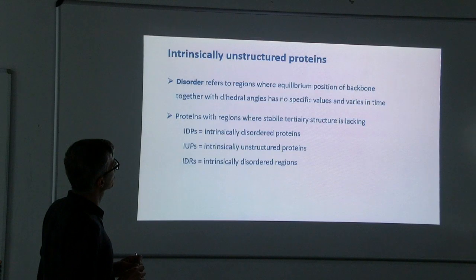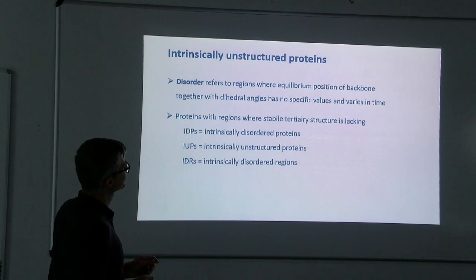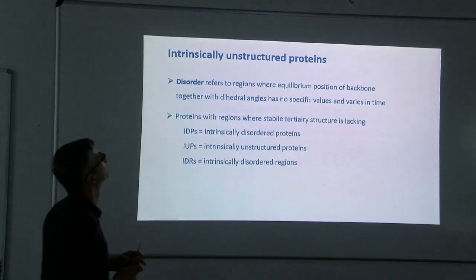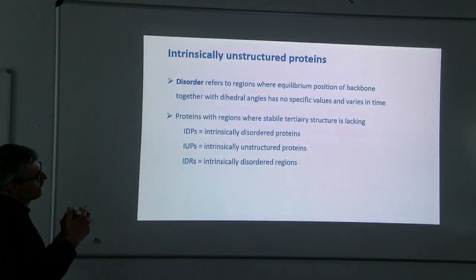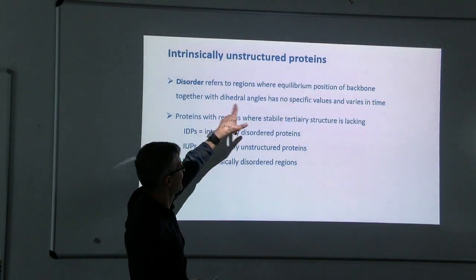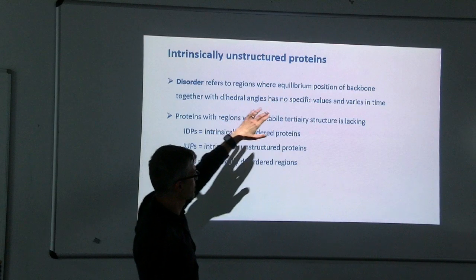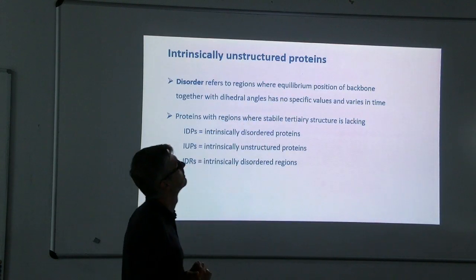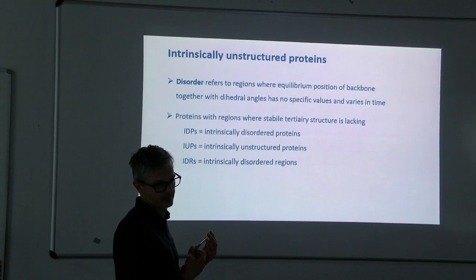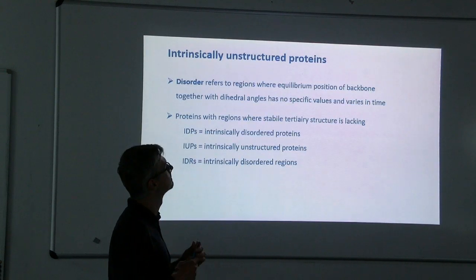So what does this disorder refer to? It's actually looking at the equilibrium position of the backbone. Is it stable or not? So we can look again at, remember, the dihedral angles, whether they have a certain specific value, or it may be that they vary in time, so that they're not always at the same position.